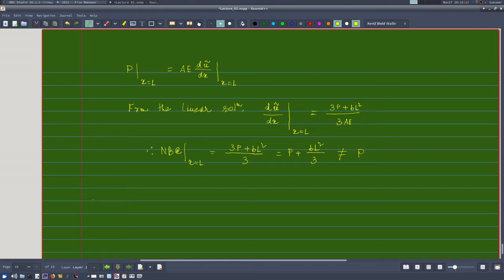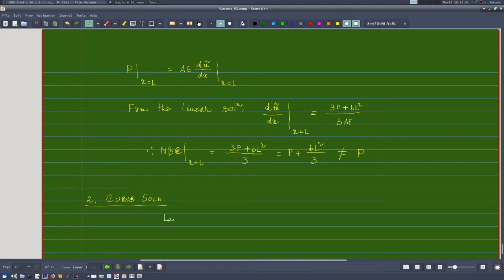So let us now try a cubic solution. Let us assume a cubic polynomial.